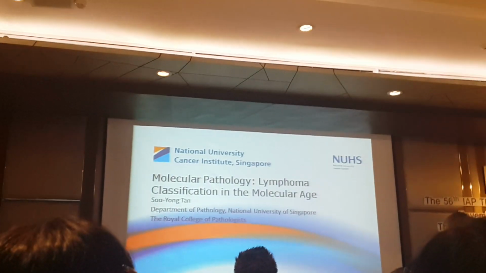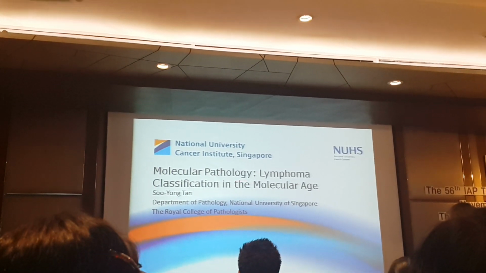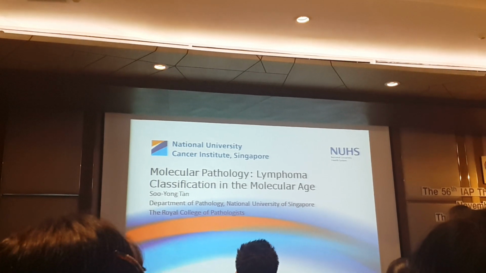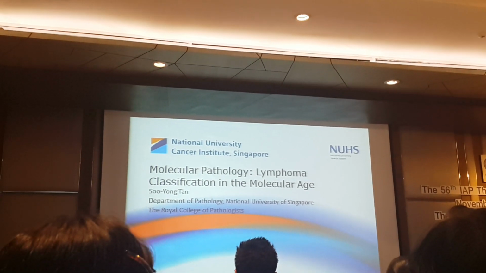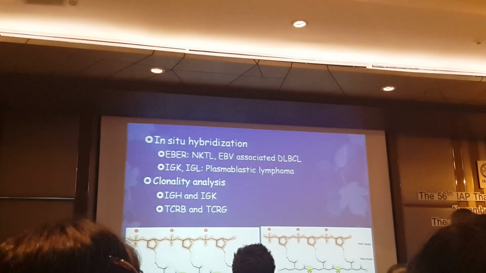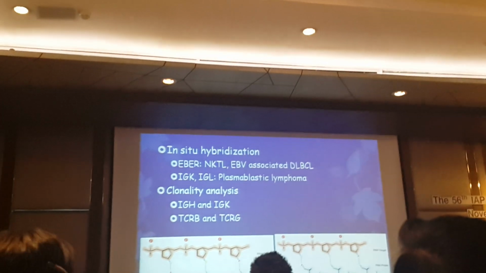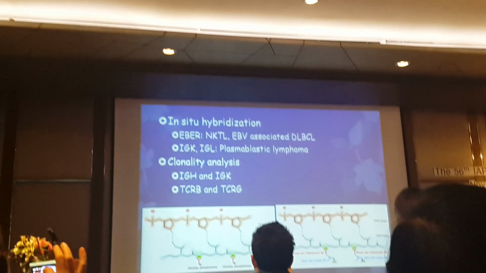So I've been asked to talk about molecular pathology in terms of its impact upon lymphoma classification. As we know, we live in the so-called molecular age, where we hear a lot about molecular techniques. Now, the first question, of course, is what molecular techniques are we talking about?